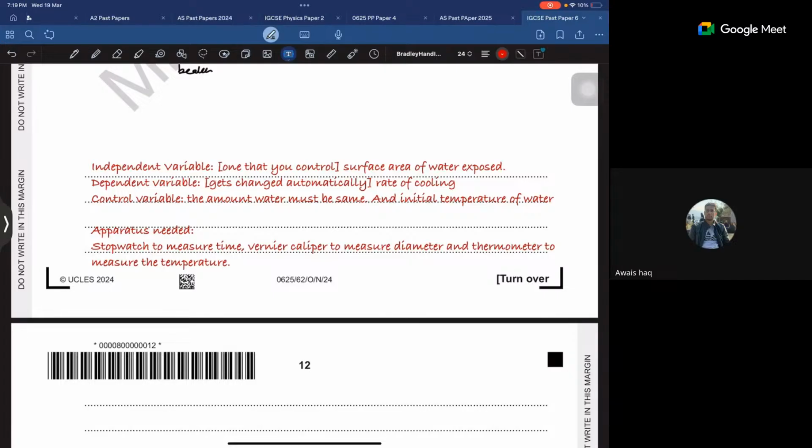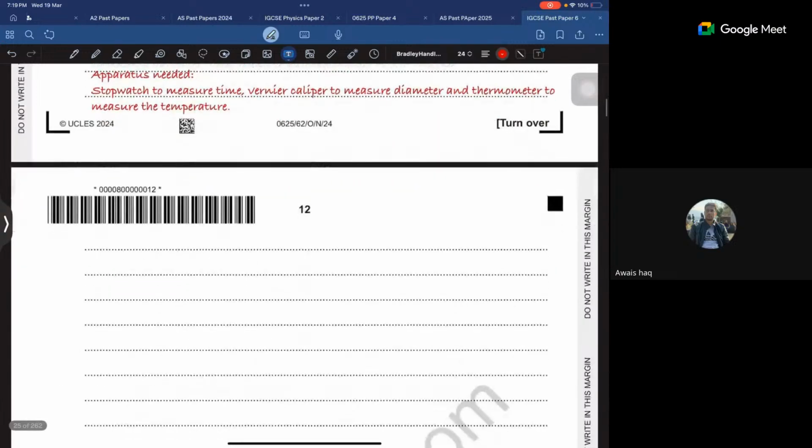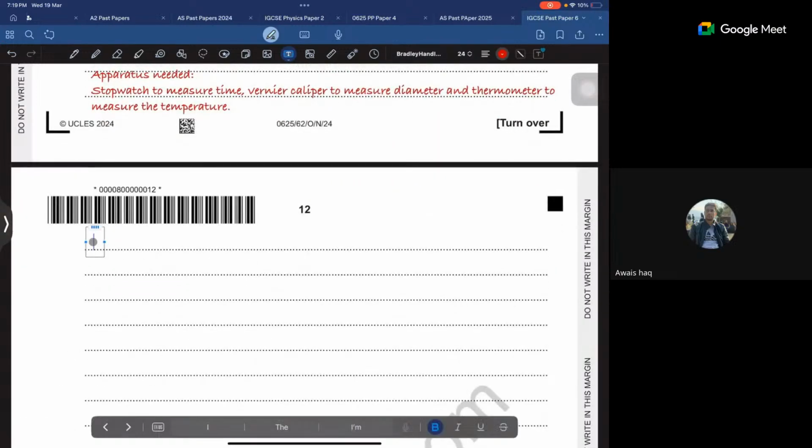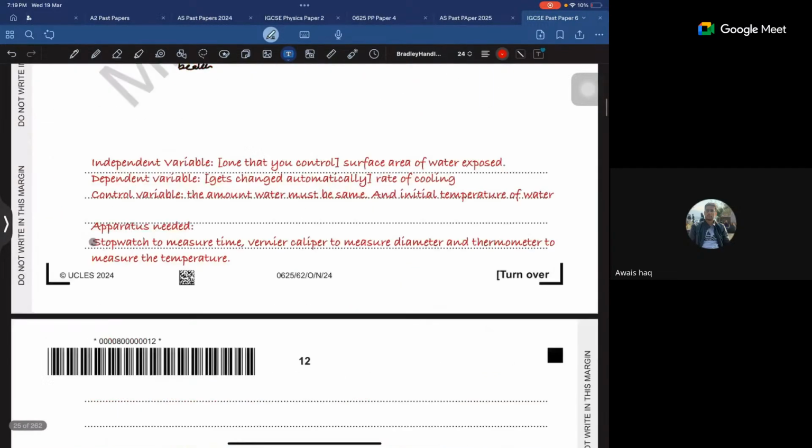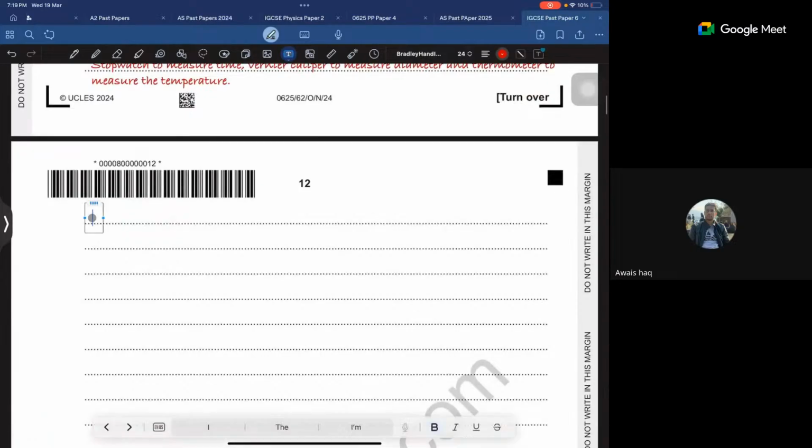Then we're going to talk about the next one. What was next? Let me see. Brief description of method, including what you will measure. Okay, so for the method, I'm going to put the heading method, and then write it. One: first of all, we are going to heat the water to a starting temperature.